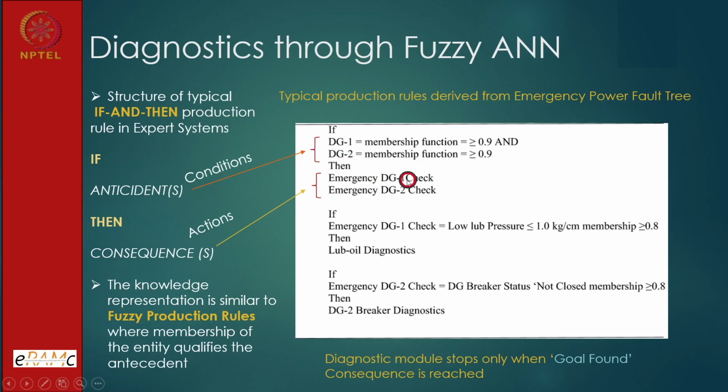Then emergency DG1, check the DG1. It is giving a signal to the next module, the DG2 check module. If emergency DG1 signals low lube oil pressure, 1 kg, so it is going into the specifics of a performance parameter, and the confidence level is 0.8. And then lube oil diagnostics. If the DG2 breaker status fail, not close, membership.